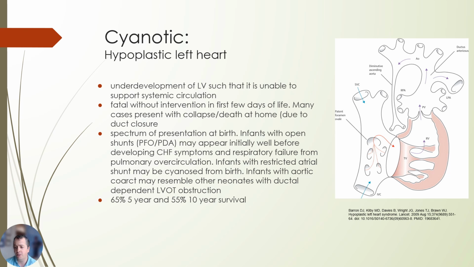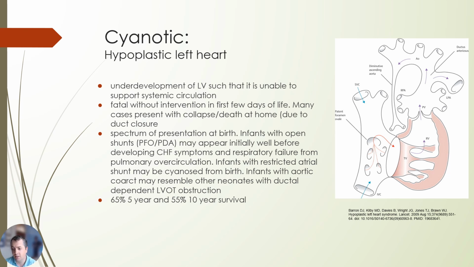Babies that have open shunts may appear initially well before developing CHF, respiratory failure, pulmonary overcirculation symptoms as that shunt or PDA is closing. Infants with a restricted shunt or restricted atrial shunt may be cyanosed from birth. Infants with aortic coarctation may resemble other neonates with ductal-dependent LV outflow obstruction.